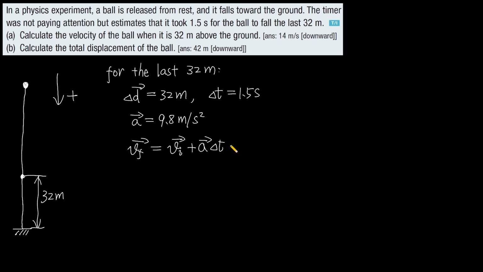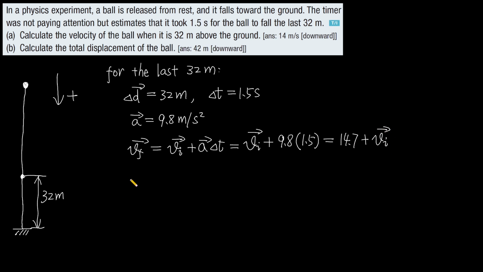So this equals the initial velocity plus the acceleration 9.8 multiplied by the time interval 1.5 seconds, and this equals 14.7 plus the initial velocity.